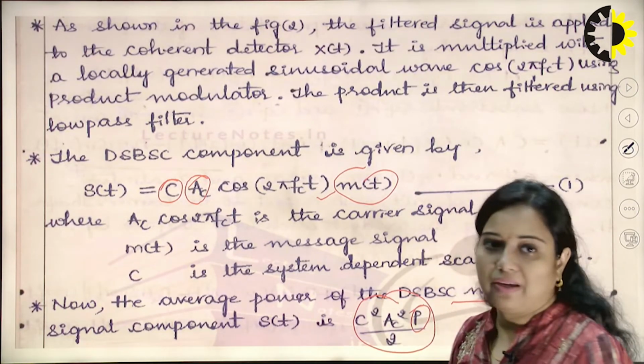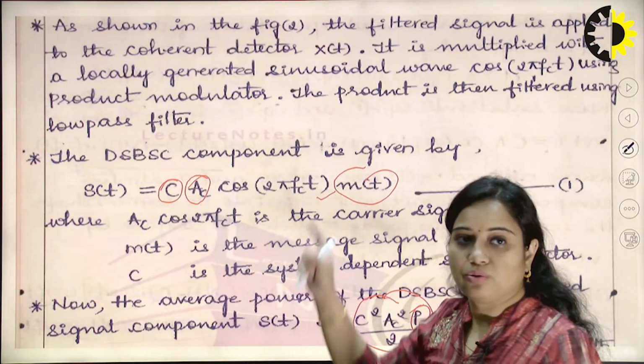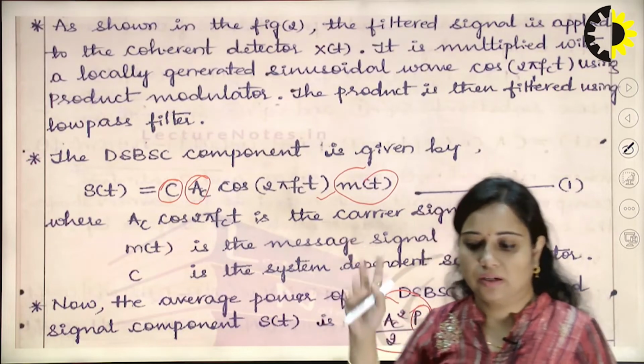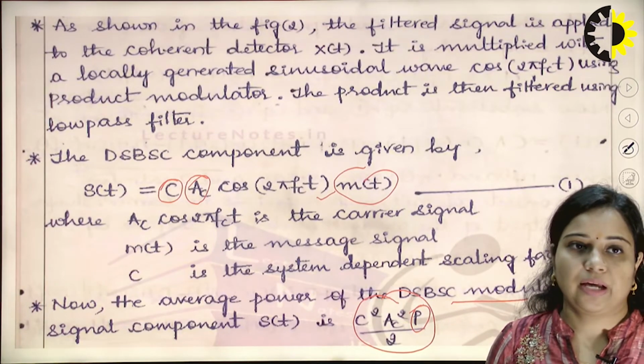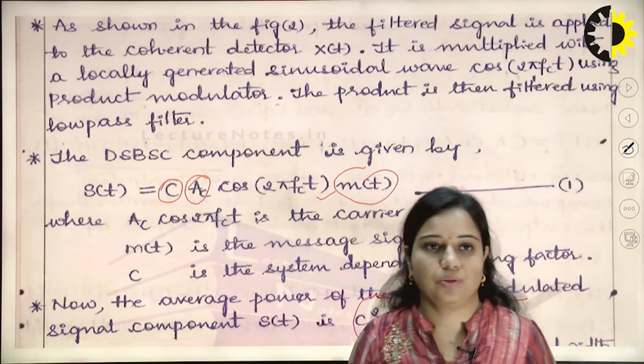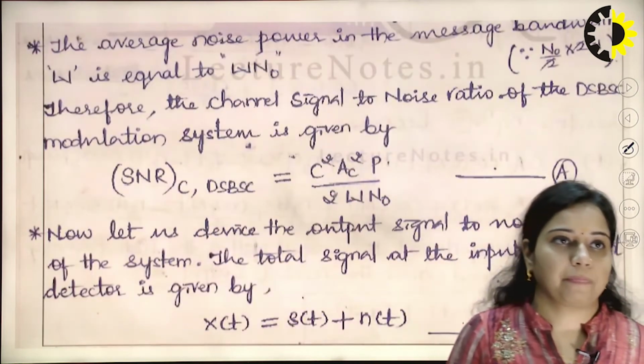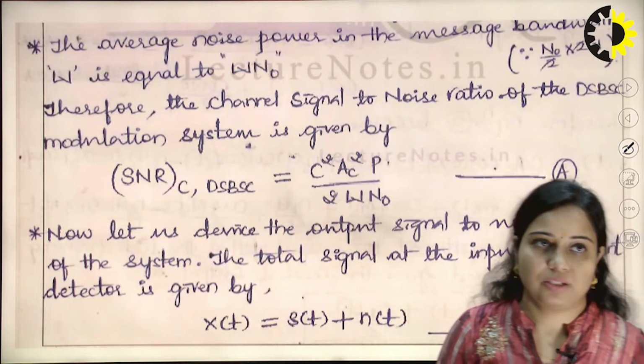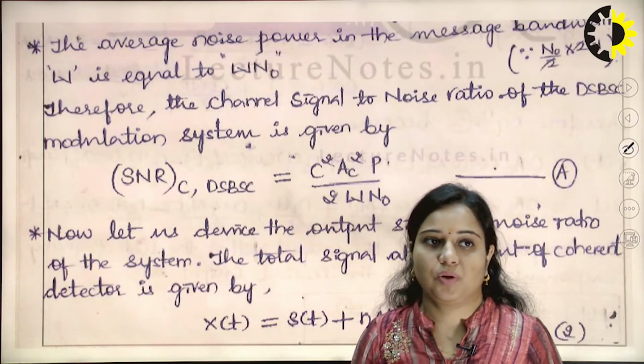P is a parameter related to the power of the message signal. Whatever signal we consider, it can be single tone or multiple tone, its power is equivalent to capital P. Now, the average noise power in the message bandwidth W is equal to W N_0.